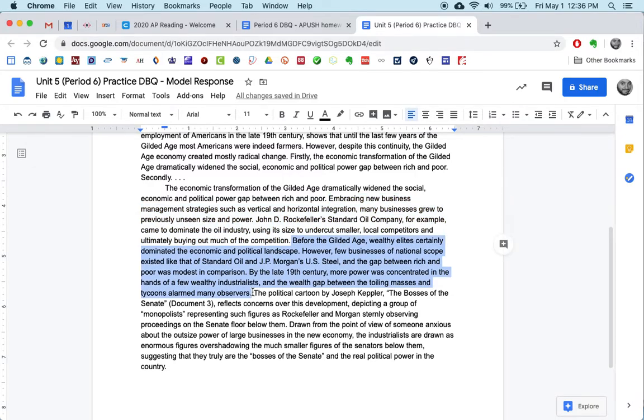There, I use a couple of sentences to tell the reader why this is a change. I haven't done that until now.